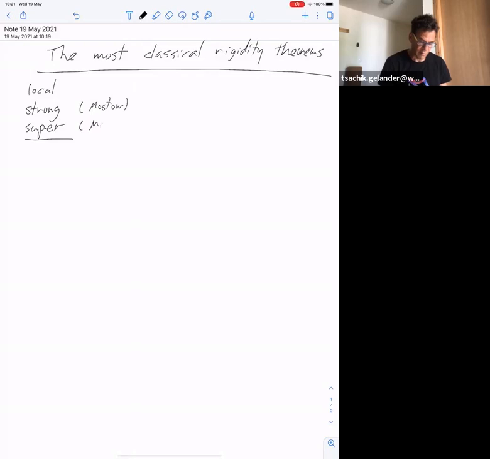This is Margulis super rigidity, and local is usually attributed to Weil, but there are other people involved. Also in super rigidity and Mostow rigidity, there are other people involved. Maybe I will mention some of the history.